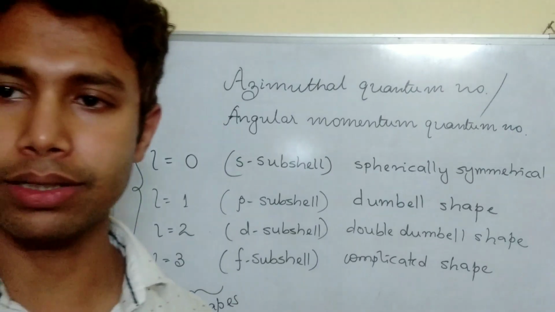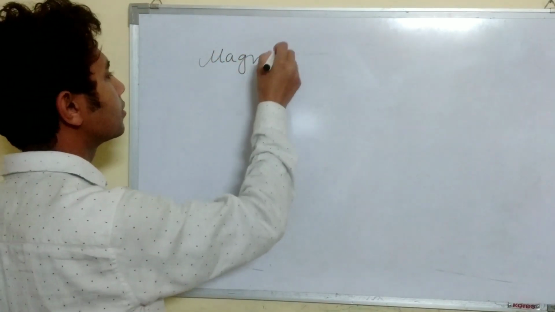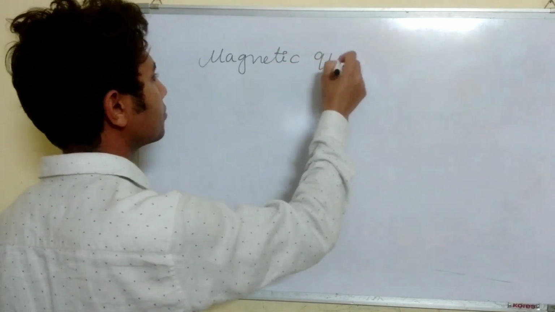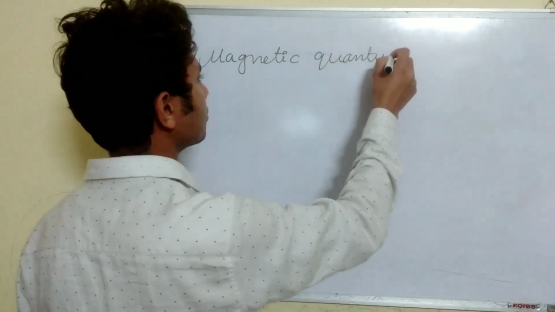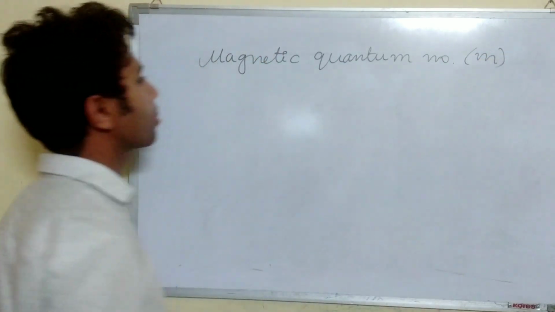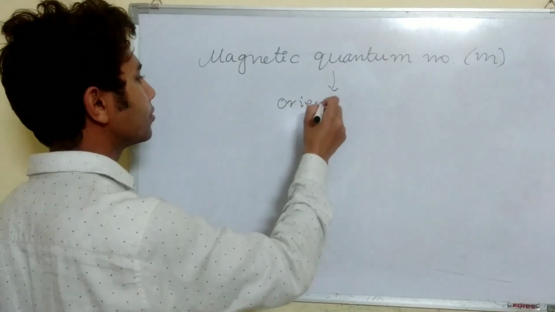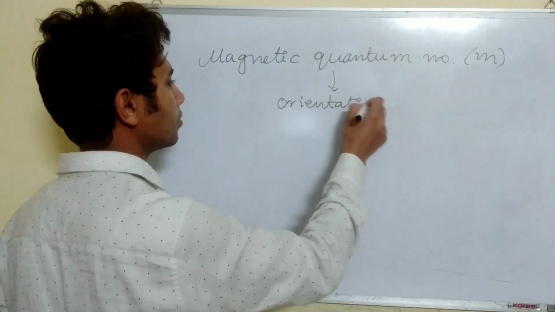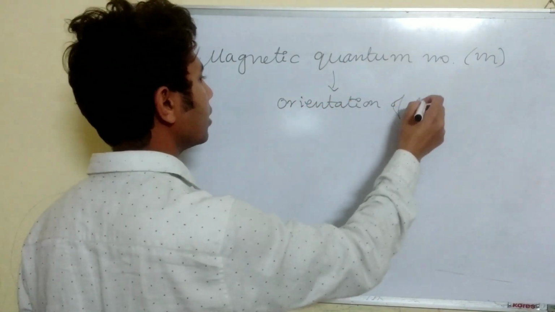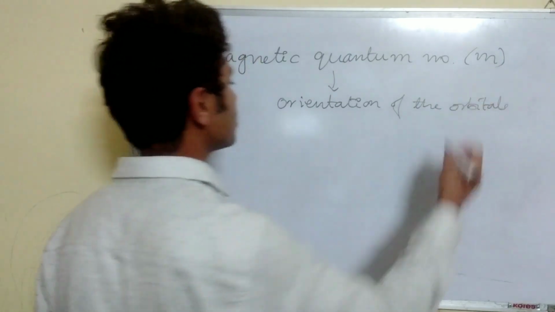We have the magnetic quantum number m. This actually represents the orientation of the orbitals.